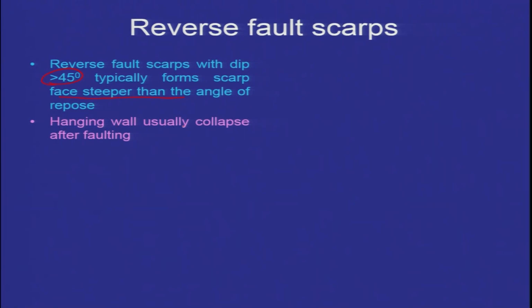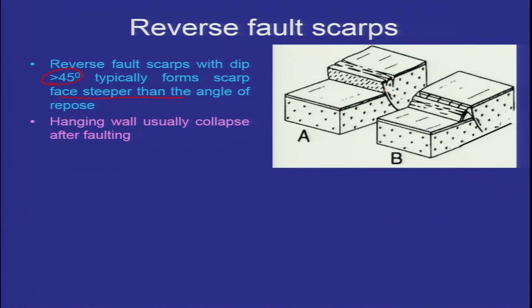So the hanging wall usually collapses after faulting. In the case of a reverse high-angle scarp, greater than 45, you will see the collapse of the faulting here. So a scarp with a steeper face will generate colluvial wedges.